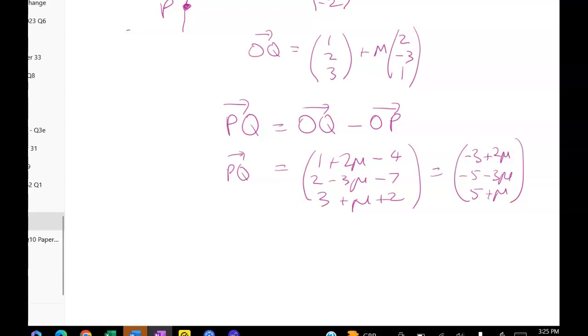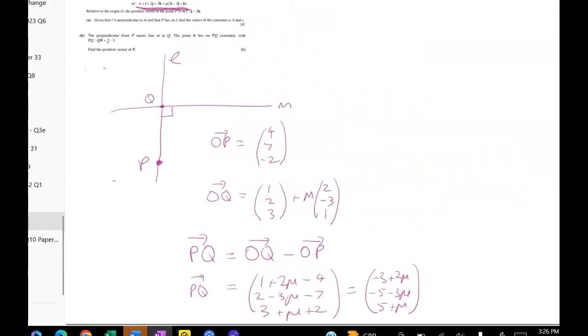Now, what I have to use next is the dot product. What am I going to do here? Well, we know that PQ is perpendicular to M, so this angle here is 90 degrees. The direction vector of this line is given to us by 2, negative 3, 1.